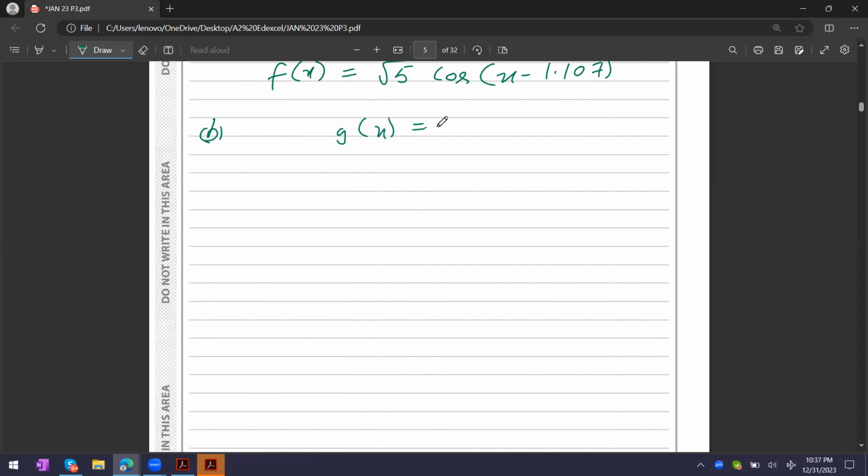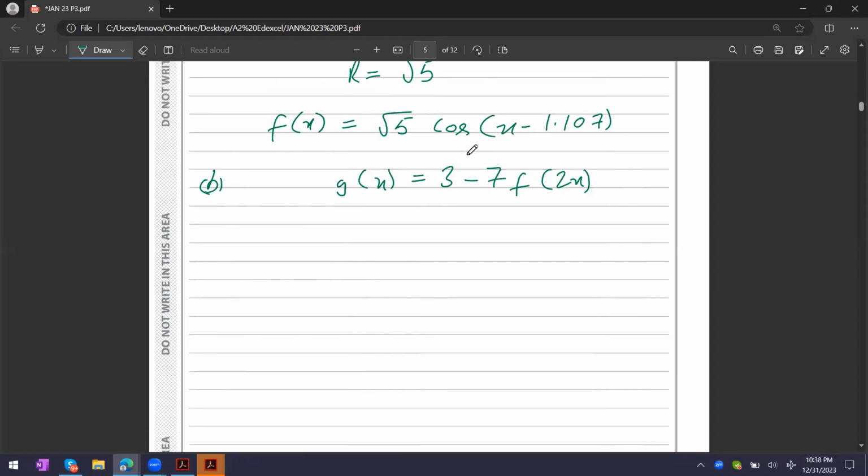Writing the g of x function first, 3 minus 7 f of 2x. Okay, now for the cosine function, f of x, it's just written on the top. F of x is basically a derived function of cosine.